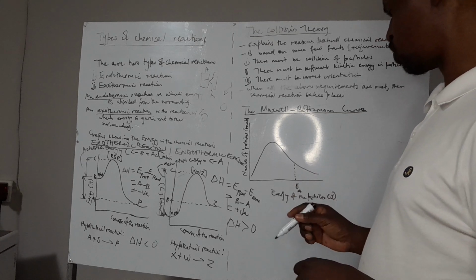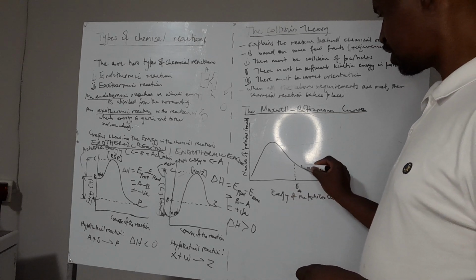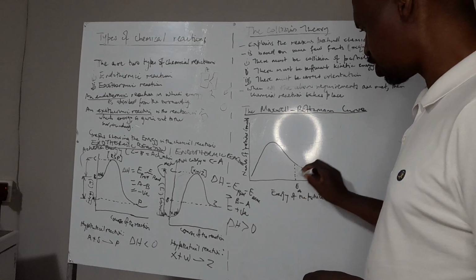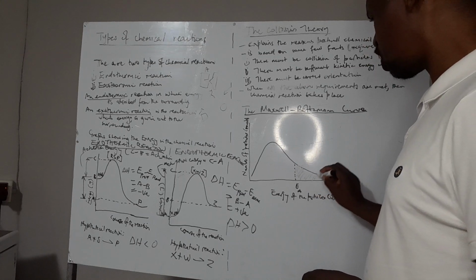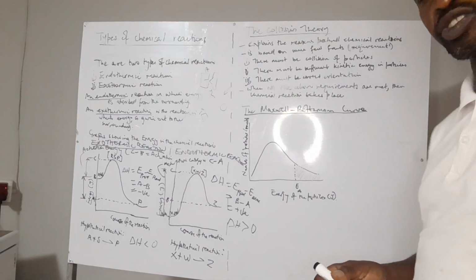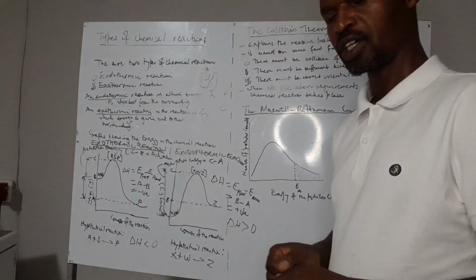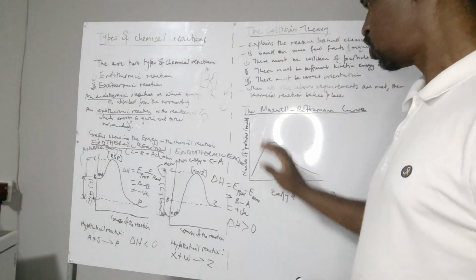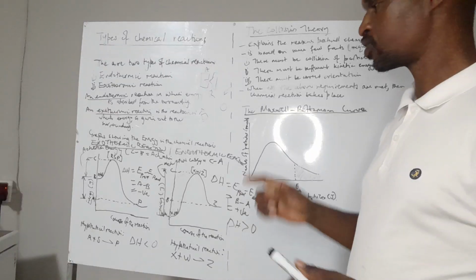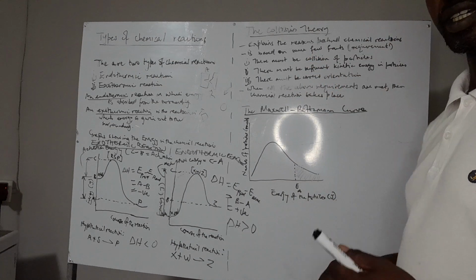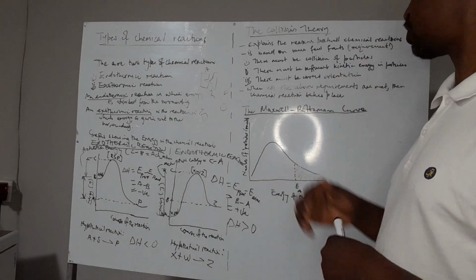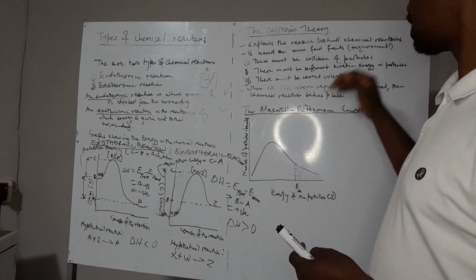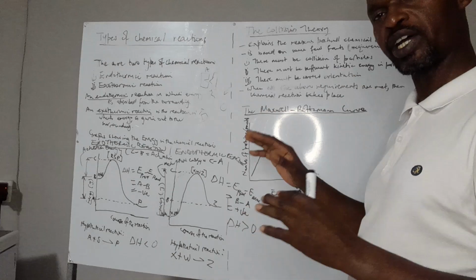When you look at it very closely, you will see that I may shade this part of the graph. So why do I shade this part of the graph? Not all particles in a chemical reaction simply go into the reaction. Why is that the case? The collision theory above explained that. Some particles do not even collide, but some particles will collide and do not have the required amount of energy.